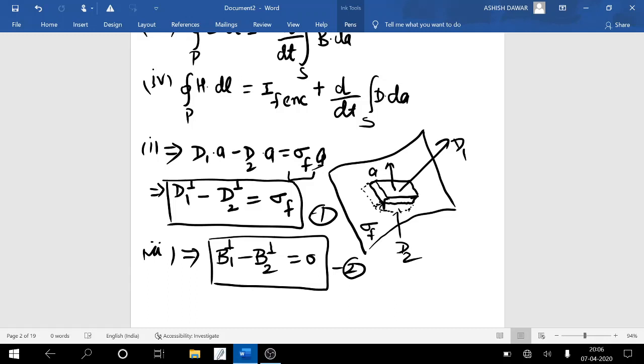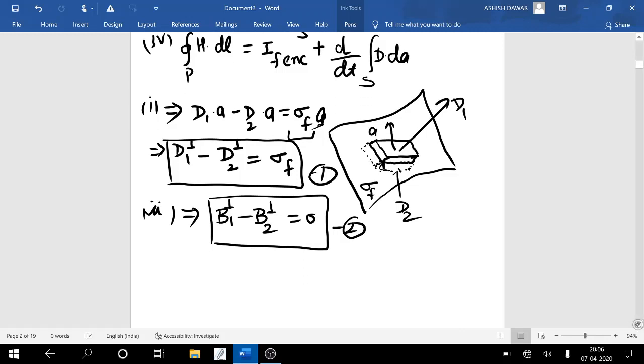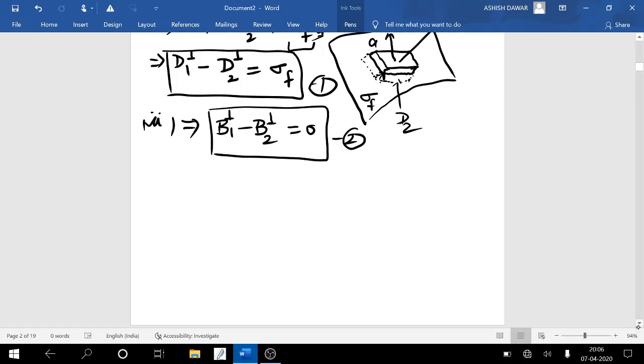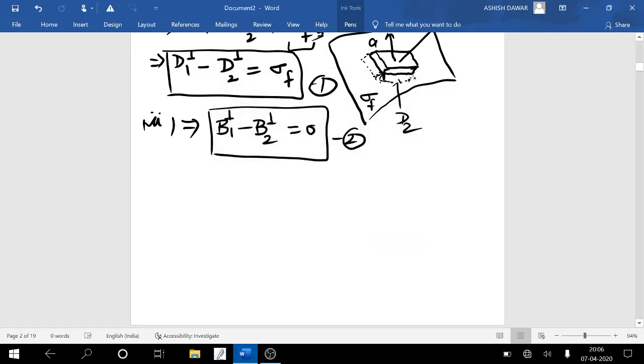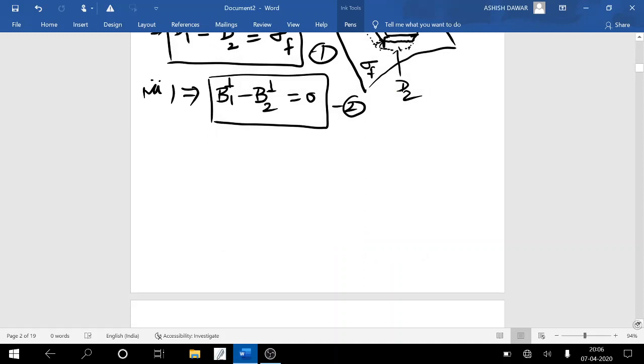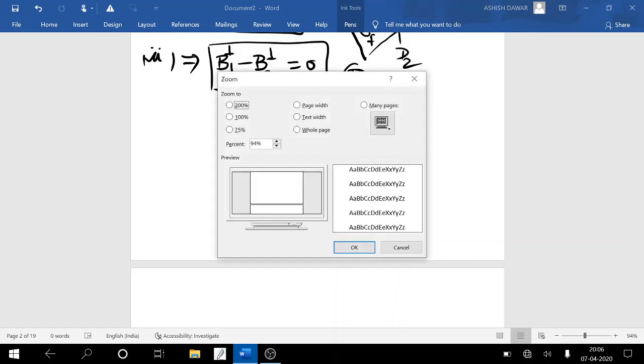So now the third equation. For the third equation we have to consider a thin Amperian loop.